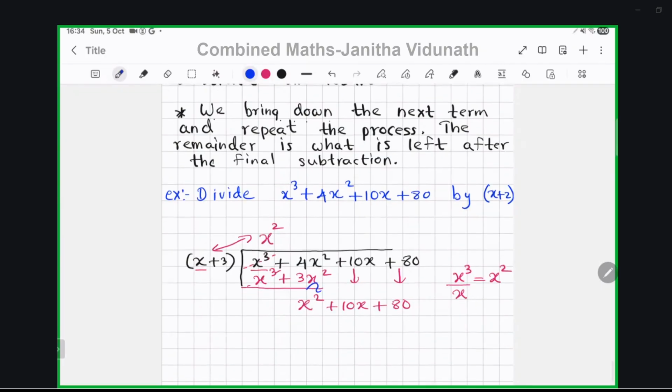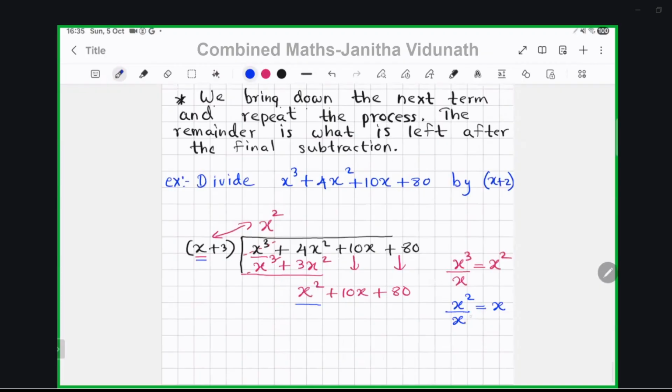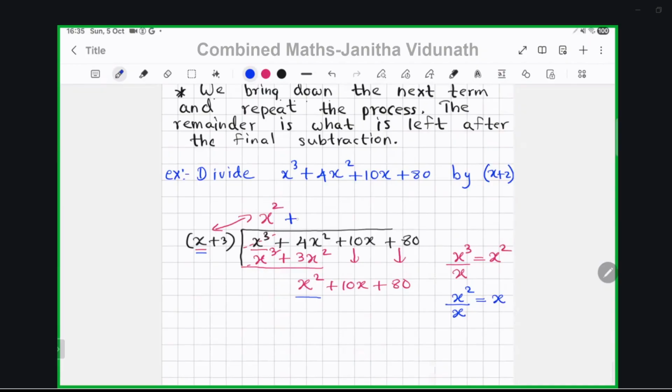Then the leading term here is x square and the leading term here is x. That means we need to divide x square by x. Then we will get the answer x. Then we put that answer here.